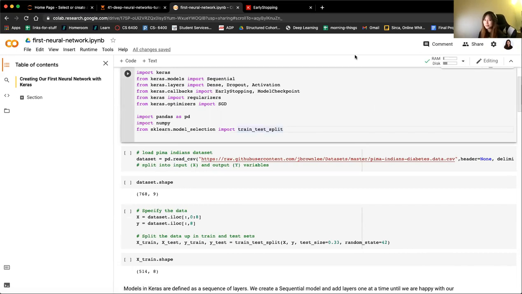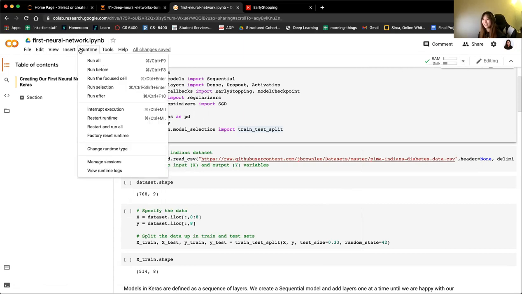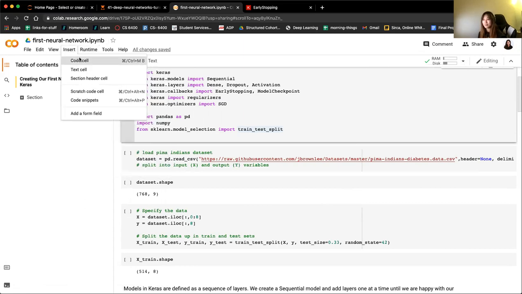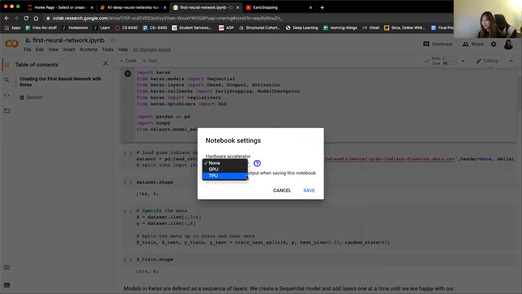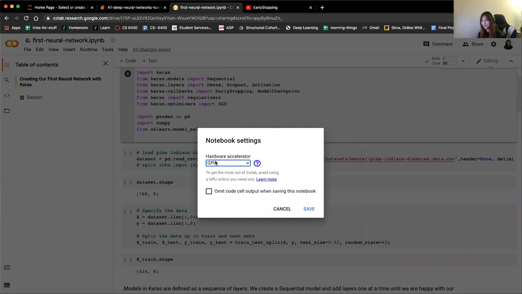I personally don't know too much about processing power, but I know that my computer, because this is Flatiron School's computer, has very similar computational power to the GPU here. You could try the TPU, which might be faster. But I think for most computers, this GPU option will help it run faster.